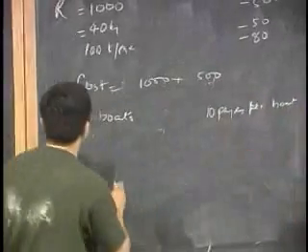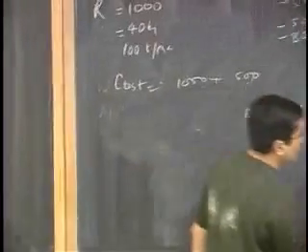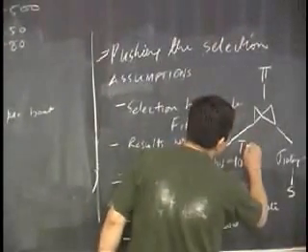So we are going to cost for writing a temporary relation here, T1.